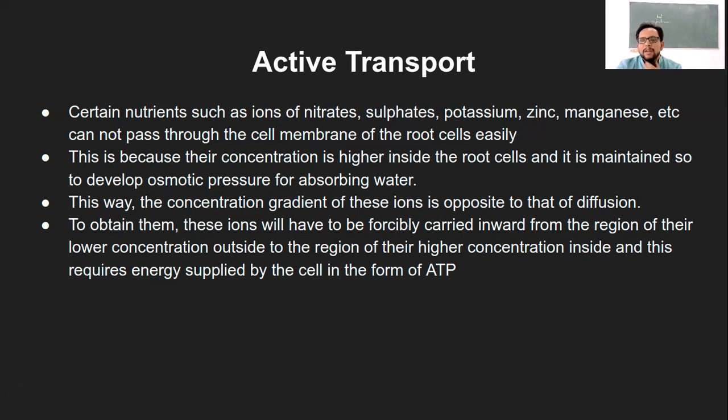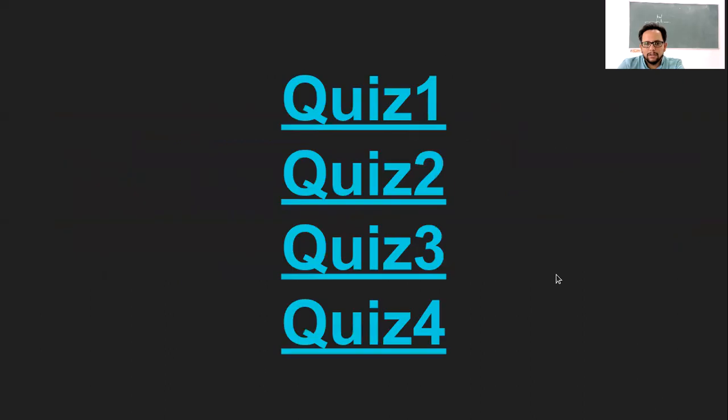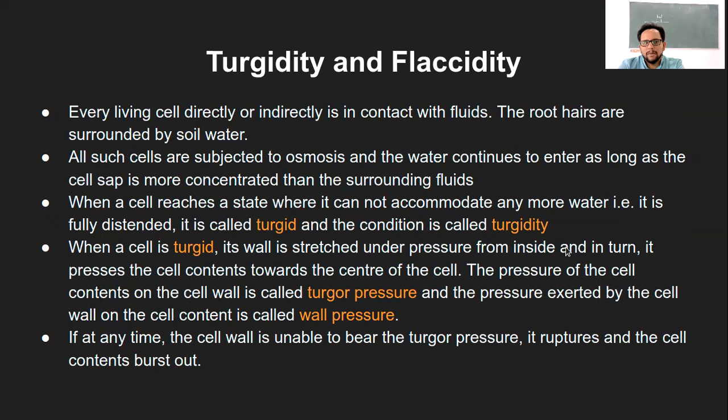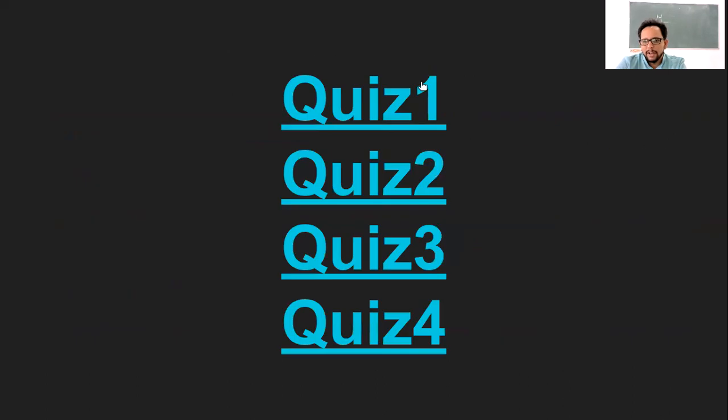Does anyone have any question? I hope this part is clear to everyone. Okay, so if that is clear, how much time is there? 15 more minutes. I was thinking, let's not start the next part because it will be too much to get into. We will check it in the next class, that is turgidity and flaccidity, but we can do a quiz here.